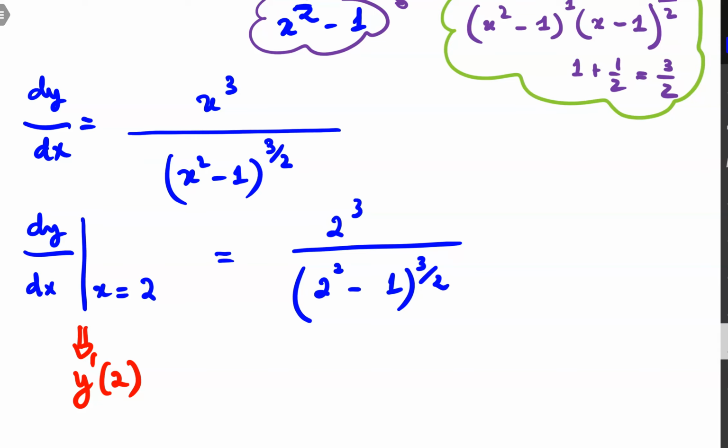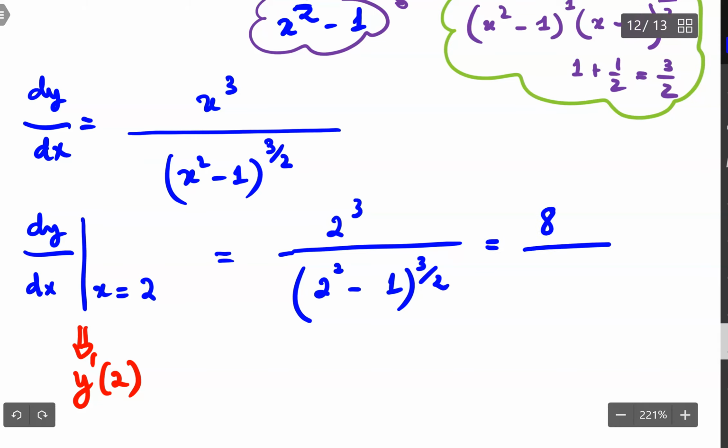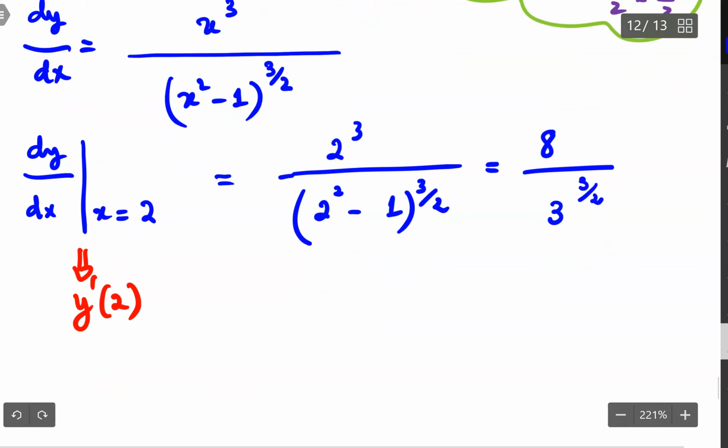Okay, so what I have, the top will be 8. And 2 squared is 4. 4 minus 1 will be 3. Okay, so I have 3 raised to exponent 3 over 2 as the value.